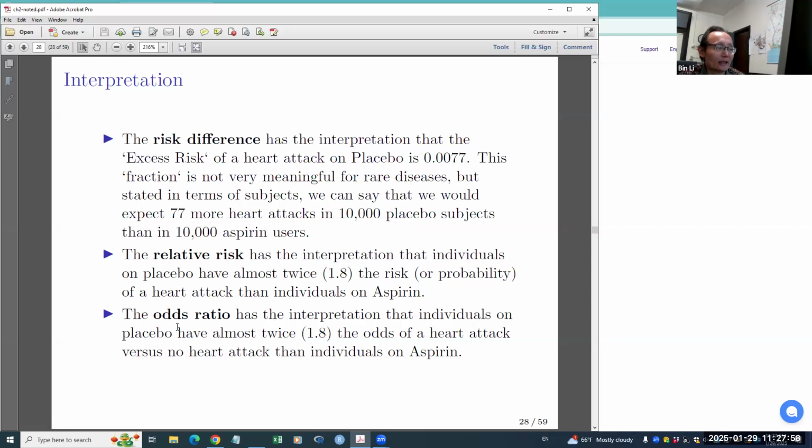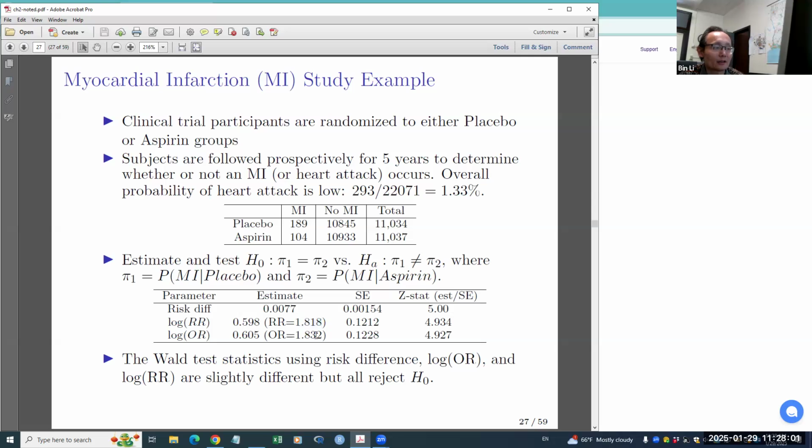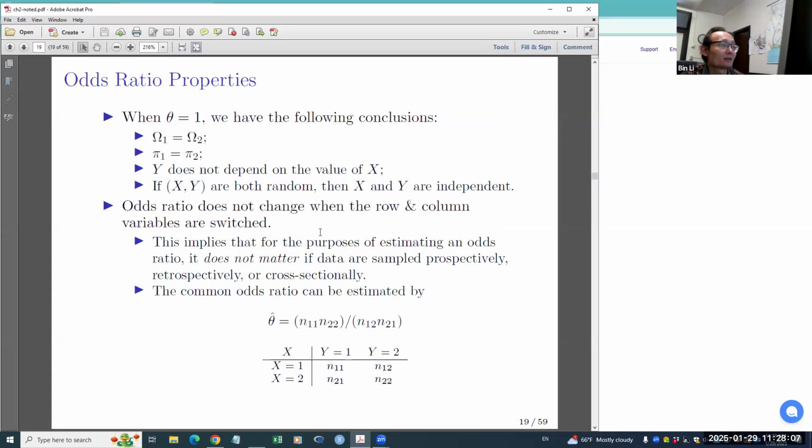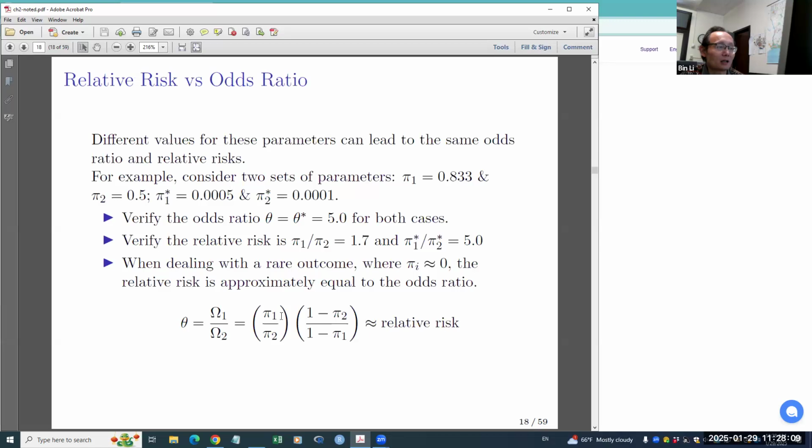For the odds ratio, it's almost the same. That is because this is a rare event. As I said, if it's a rare event, the odds ratio and the relative risk are about the same.